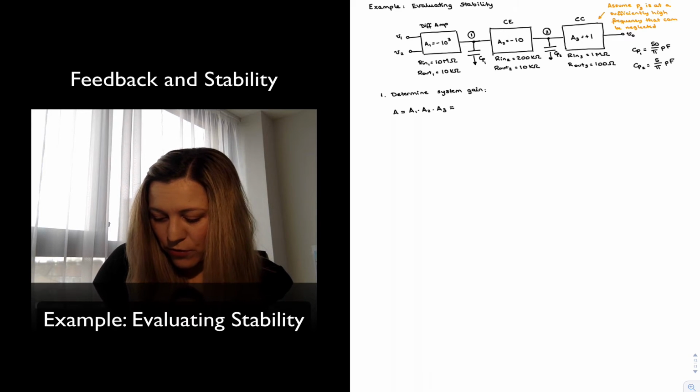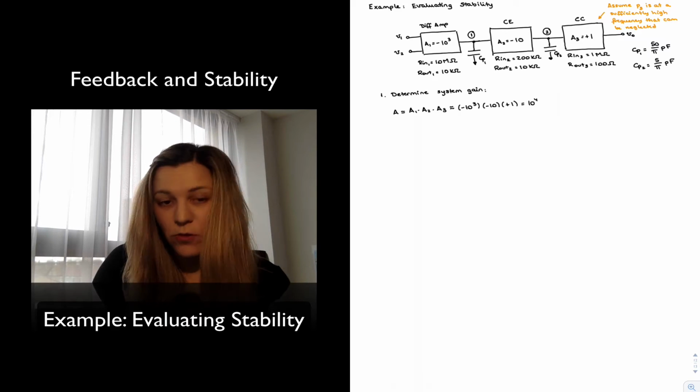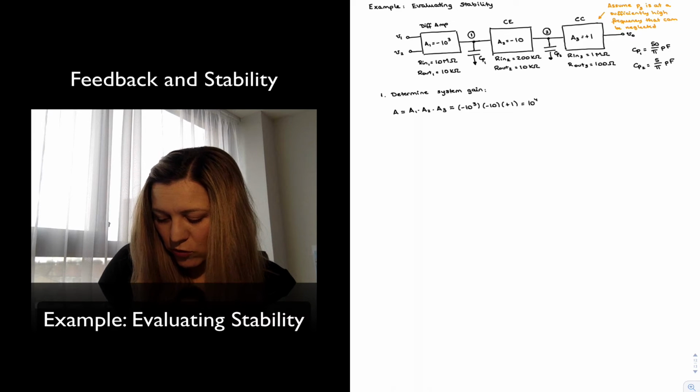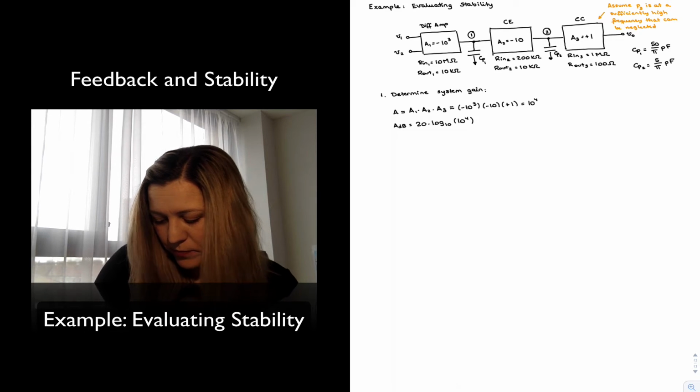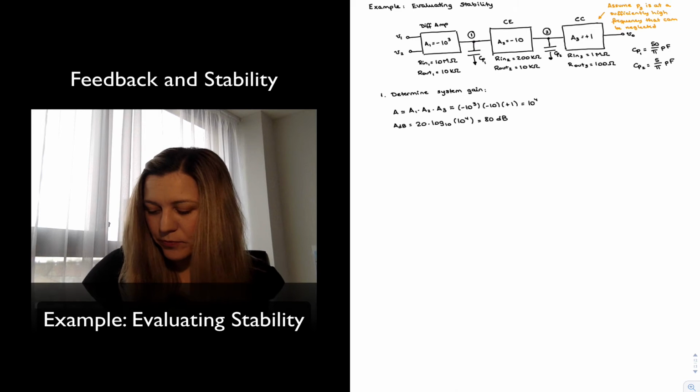And so the product of the 3 is going to be minus 10 to the 3 times negative 10 times 1, approximately 10 to the 4, or 10,000 volts per volt. I can convert that to dBs by taking 20 times the log base 10 of that amount, and I get 80 dBs of gain.